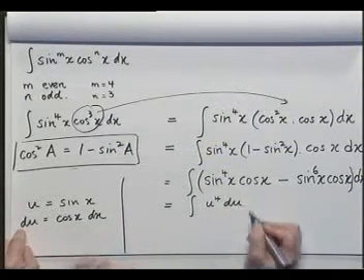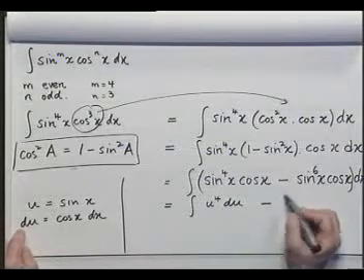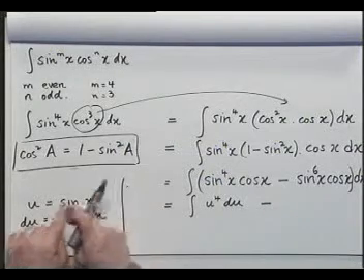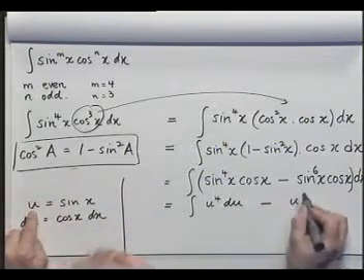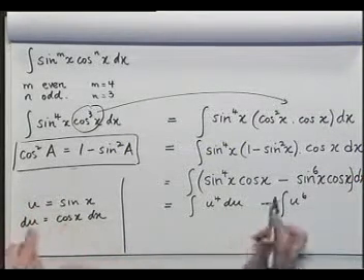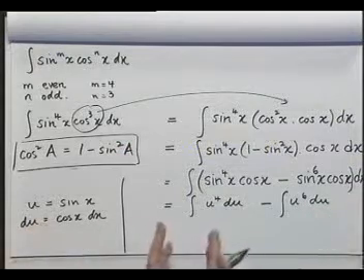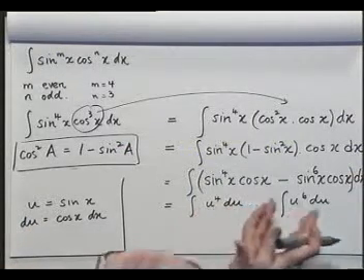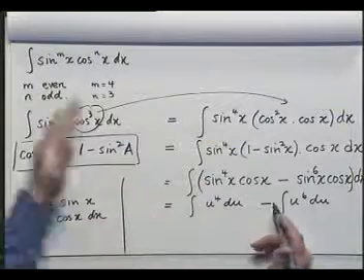Subtract sine to the 6x will become u to the 6, and the cosine x dx is du. So what we've achieved are two very simple integrals that we can complete to finish the problem.